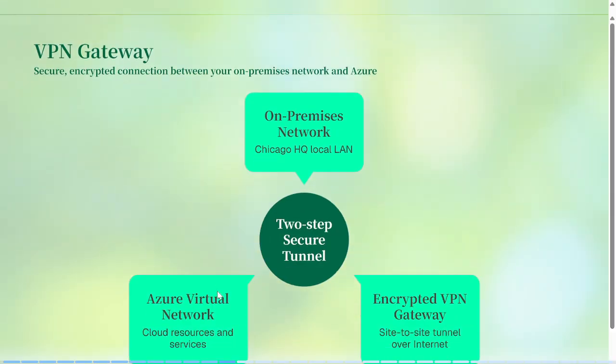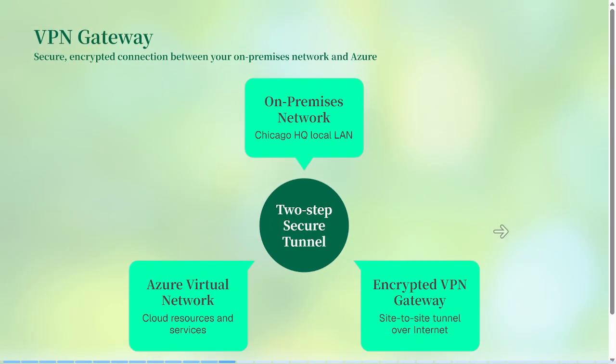VPN gateway. VPN gateway enables a secure encrypted connection between your on-premises network and your Azure virtual network. Instead of using a dedicated private connection, VPN gateway creates an encrypted tunnel over the public internet.